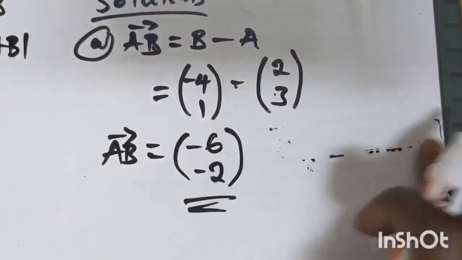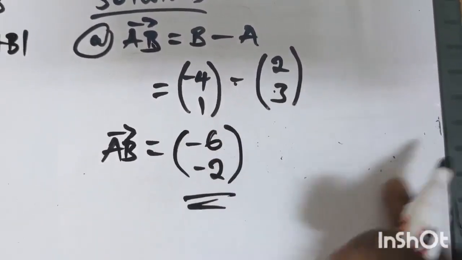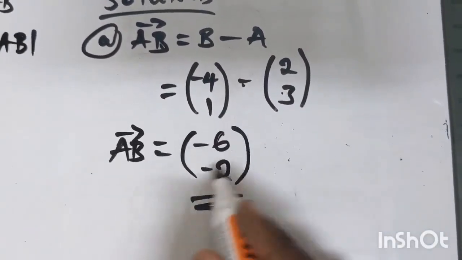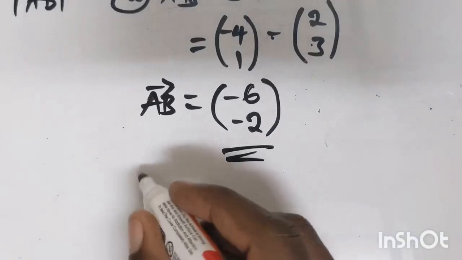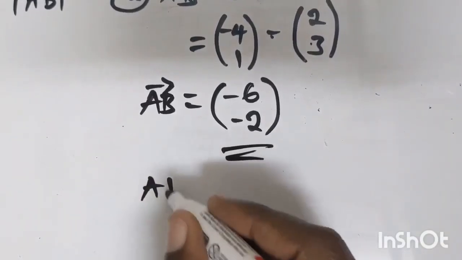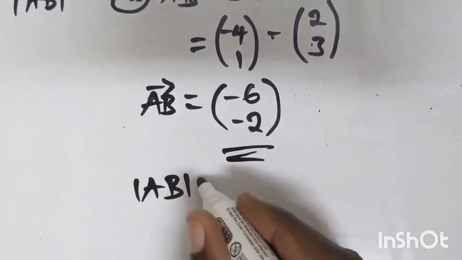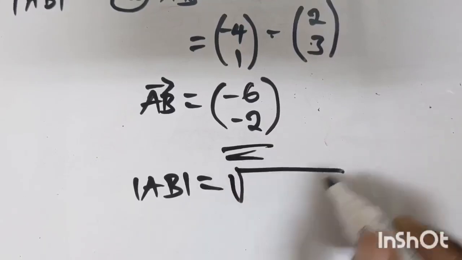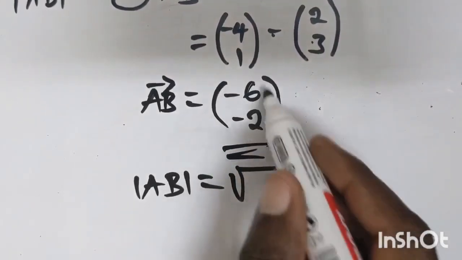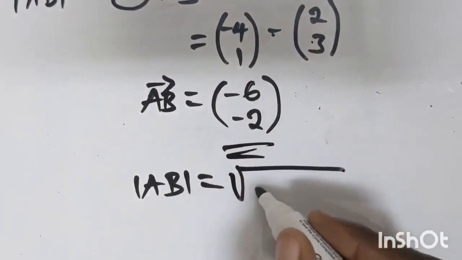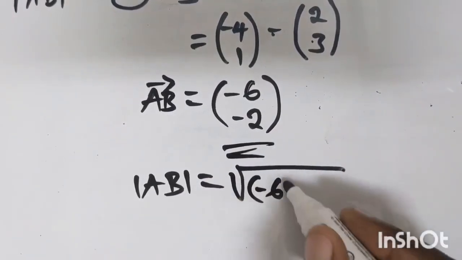You can also use this vector to find the magnitude of it. So if you want to find the magnitude of AB, you just get these coordinates that we have here as a vector. This vector is -6.